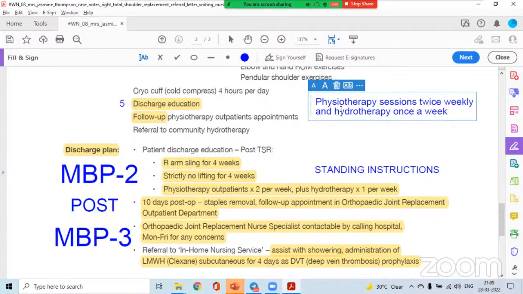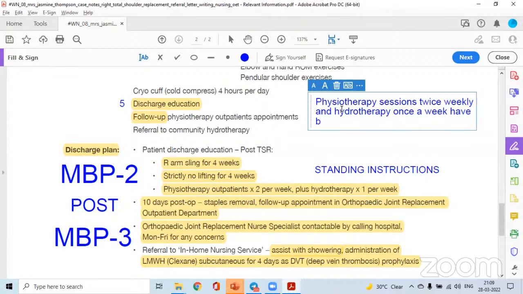Physiotherapy sessions twice weekly and hydrotherapy once a week have been scheduled, or arranged, or planned. So don't repeat the words. Okay. So that is the third sentence.